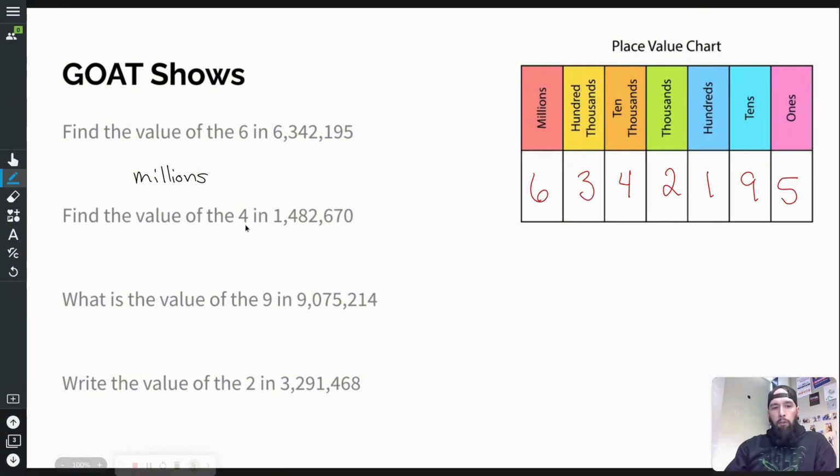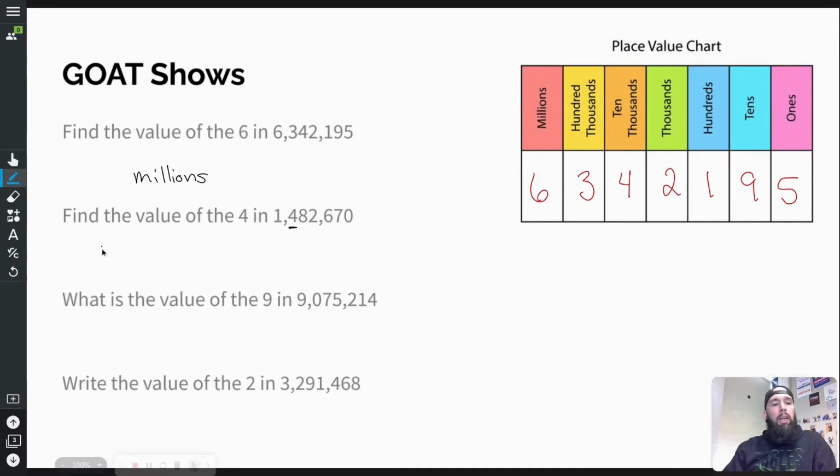Find the value of 4 in 1,482,670. So I'm not going to keep writing in this chart. What we'll do is we'll say, all right, well, the 4 is right here. So we have our 1s from the right, then our 10s, then our 100s, thousands is the 2, 10,000s is this 8, and 100,000s is this 4.